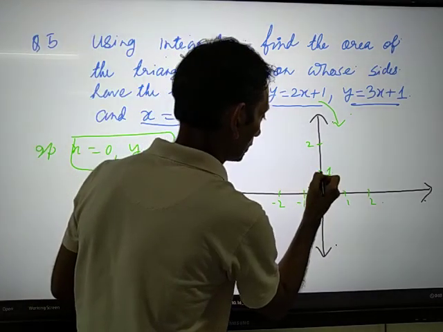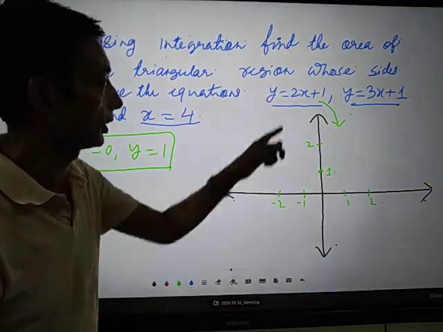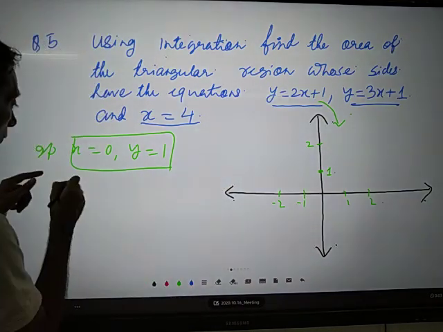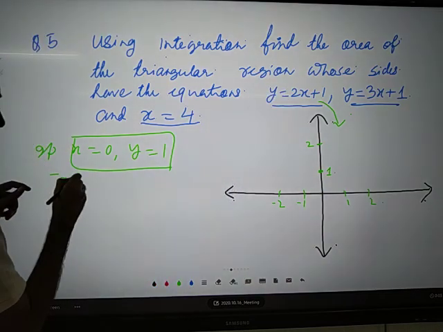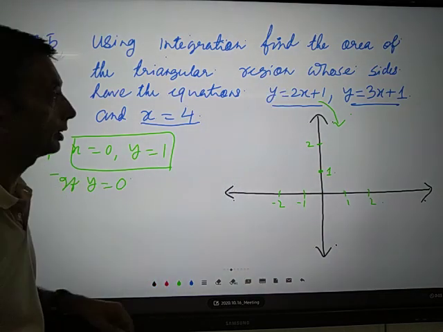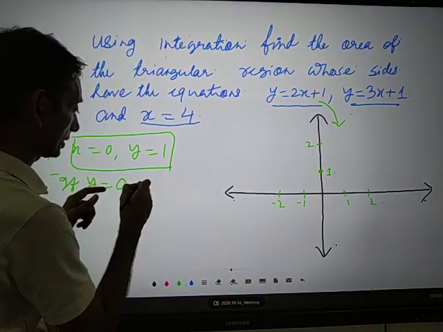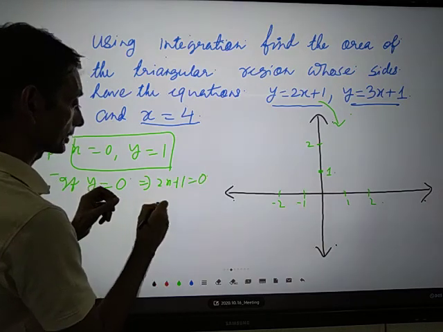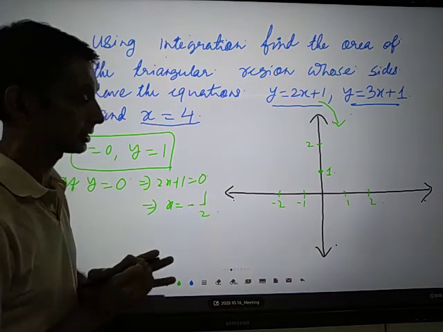So this is a point. Next, for the same line, if we substitute y equal to 0, then twice x plus 1 equal to 0, this gives us x is equal to minus 1 by 2, that is half.